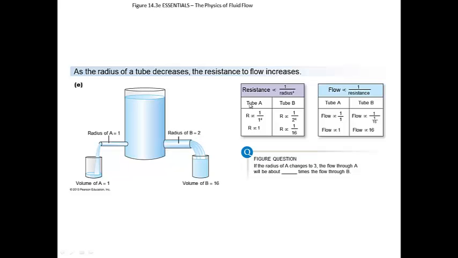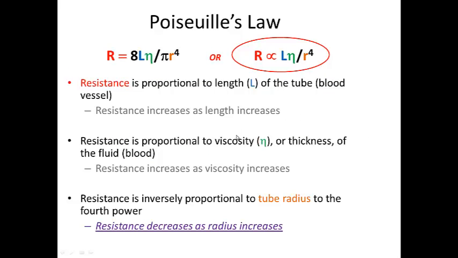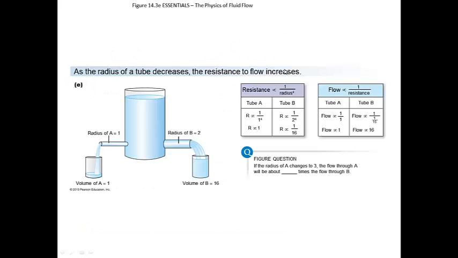So let's take a minute and talk about some of the math involved here. Now, resistance, we can boil this down to being proportional to 1 over the radius raised to the 4th power. And that's what we saw in the previous slide here. So we do have a couple constants, the 8 and the pi. Those can just be ignored. And we'll also ignore the length and the viscosity because in this case, the length of the tubes is the same.